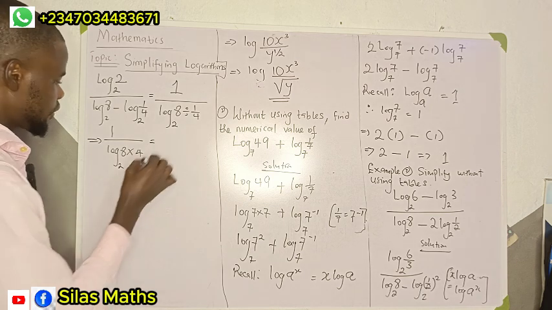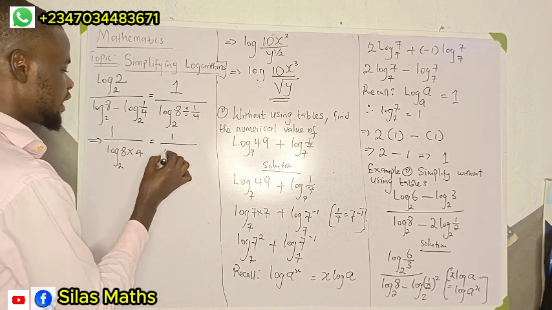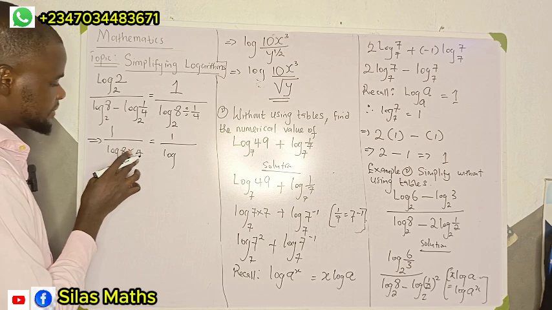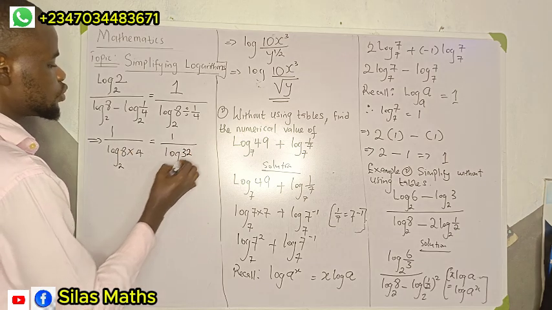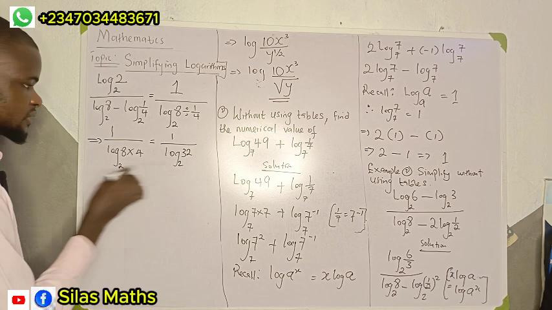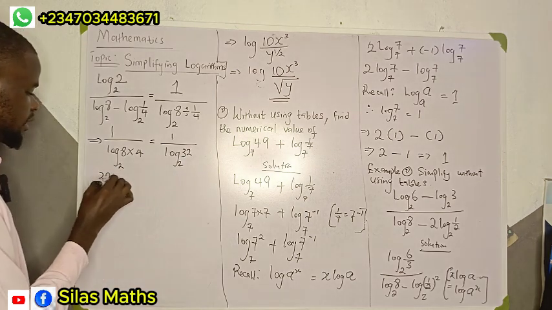So going further, I'm going to have 1 over log of 4 times 8, which gives us 32 base 2.